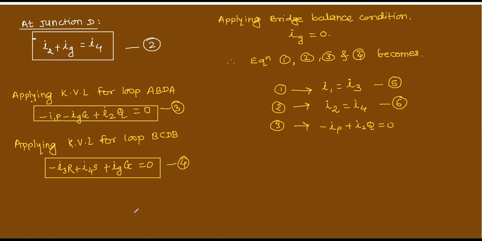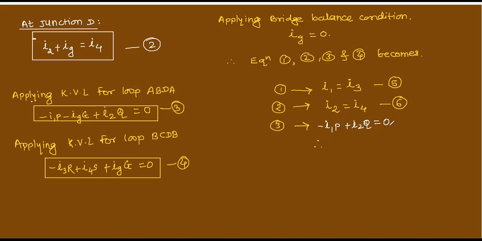Yes or not? I will write it again. See here. Because this Ig is becoming 0, this term will become 0: minus I1P plus I2Q is equal to 0.